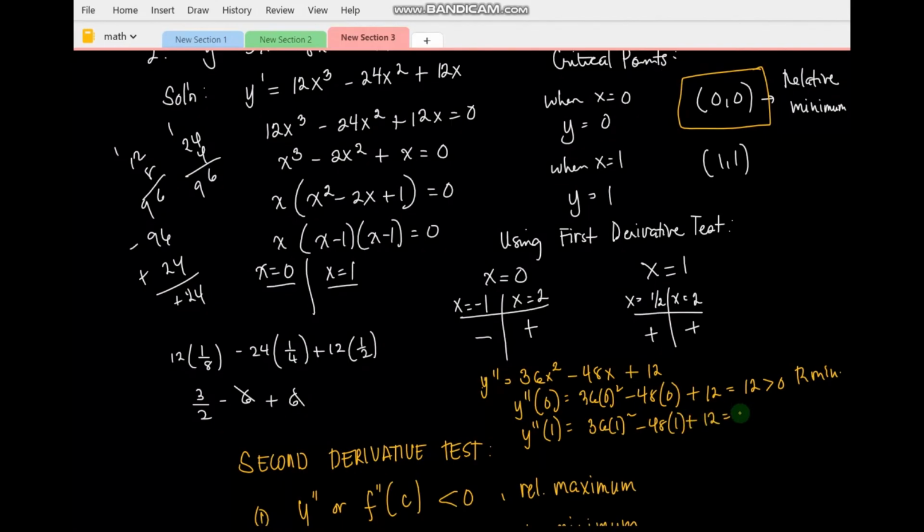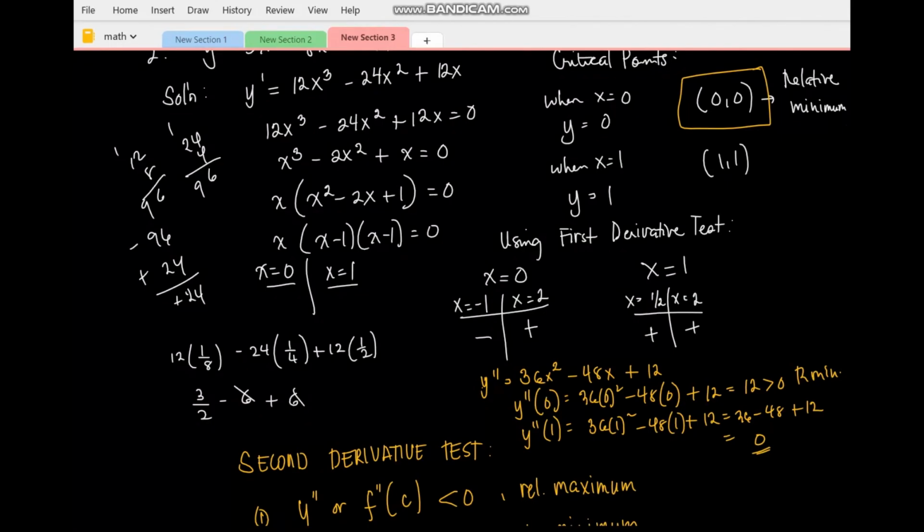So 36 times 1 squared is 36. 48 times 1 is 48. 36 minus 48 is negative 12 plus 12, 0. So 0 siya. That is why at x equals 1, critical number, hindi rin siya relative minimum or maximum. Call it a point of inflection.